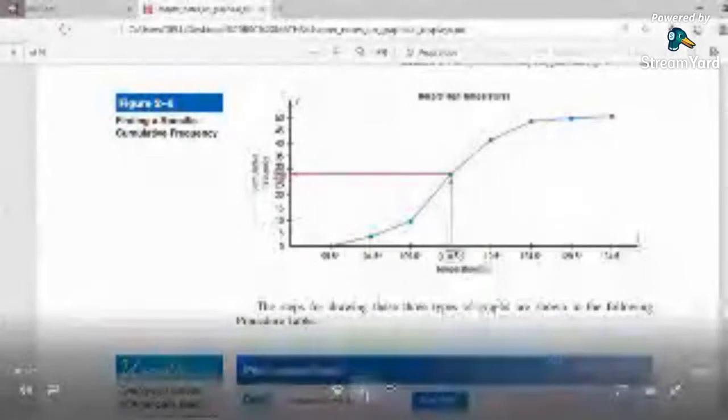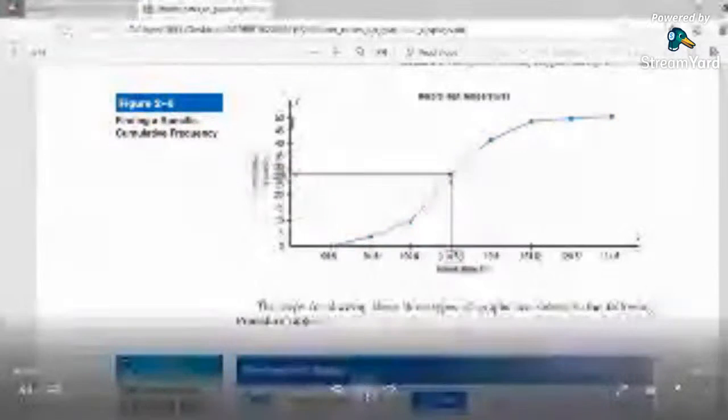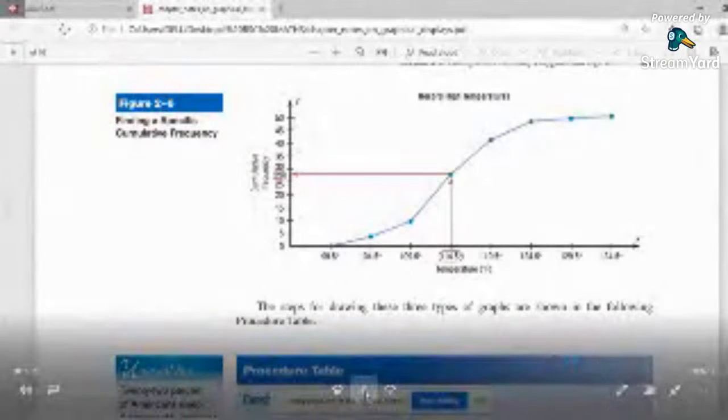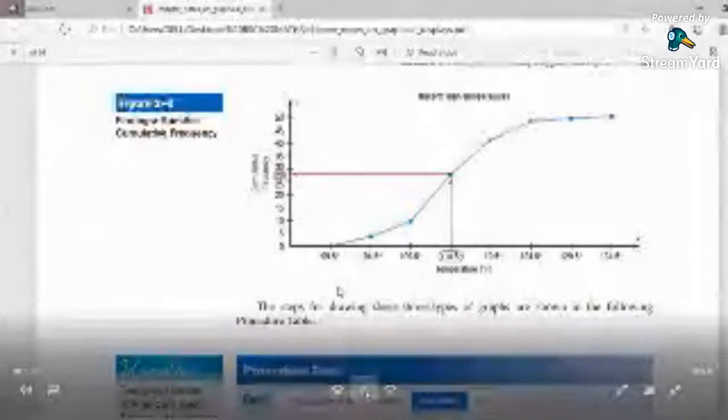If we ask what is the frequency of data less than or equal to 124.5, we can go to this line and observe the y value here. That will be 48. So that type of information can be inferred using this cumulative curve.